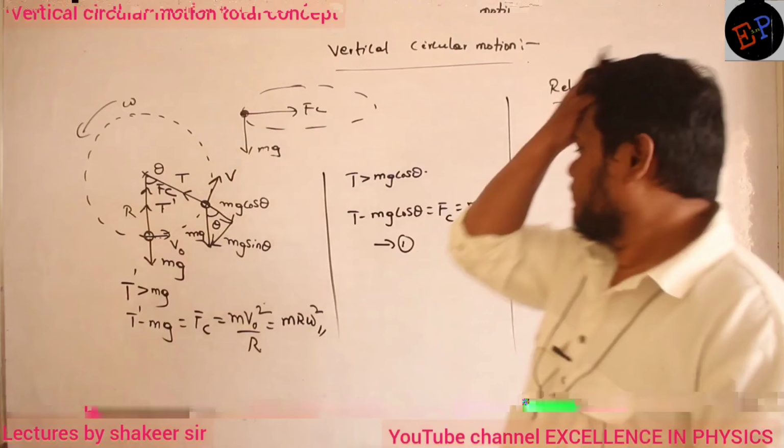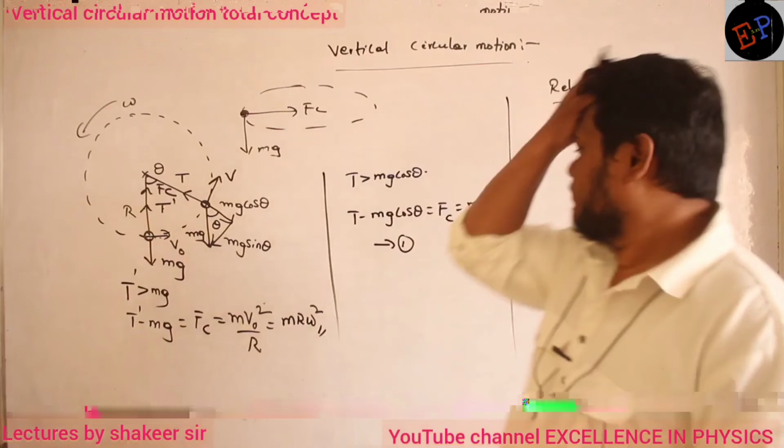Now see. For example, this is a convex surface. So the body is traveling from here with an initial velocity of u. Let us suppose after reaching up to this position, it is losing contact.